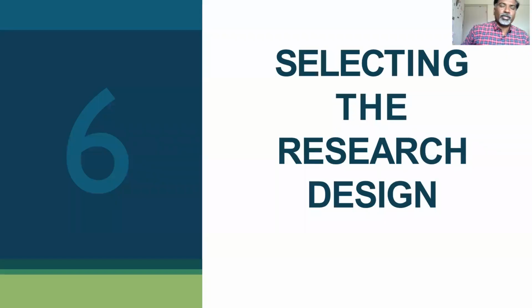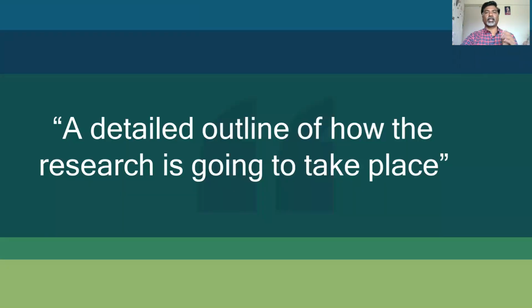Then the next point is selecting the research design. Once you identify all those things, you have to decide what type of research you are going to complete, whether experimental research or survey-based research. That design you have to consider before going ahead.